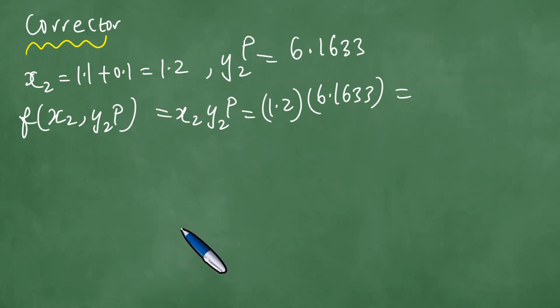Okay, just gonna do this one now. I'm getting 7.3959. Let me check this: 1.2 times 6.1633.